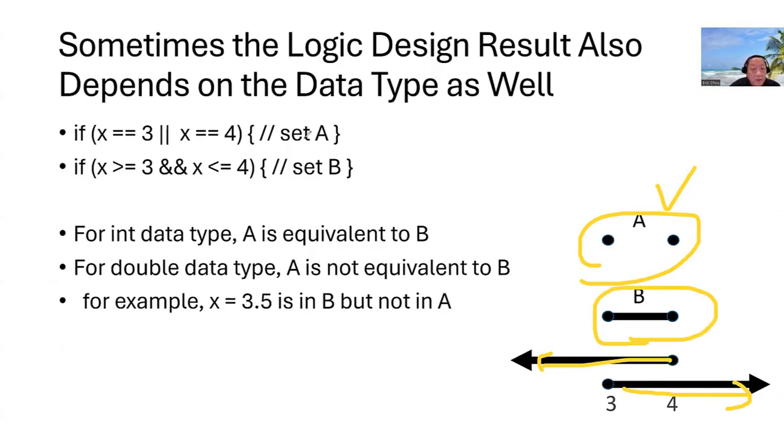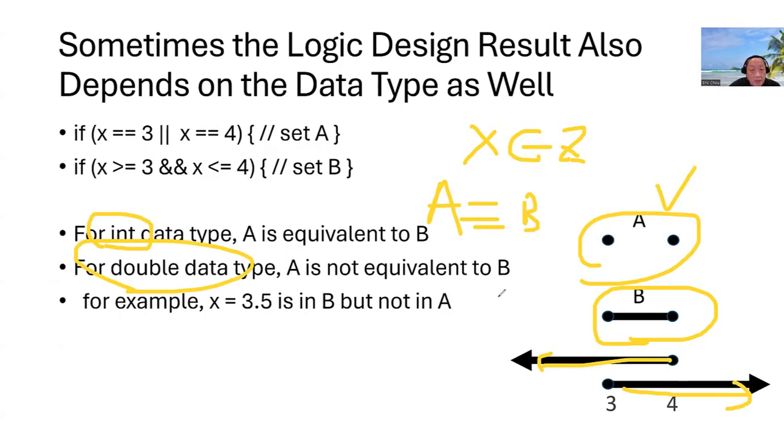If X is an integer, then A set is equivalent to B set. But if it's a double, then A and B sets are not the same. So whether a logic rule holds or not sometimes also depends on the data type of X.